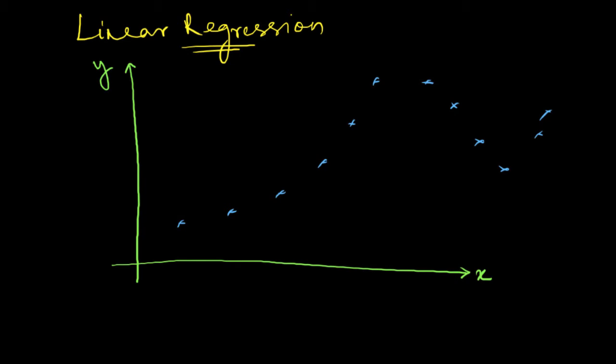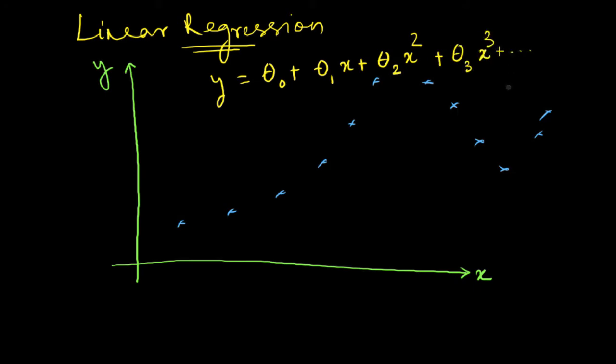So it could be that your y was given by an expression like this: y is equal to some theta naught plus some theta 1x plus some theta 2x square plus some theta 3x cube, and so on up to some theta m xm plus, of course, some error term.